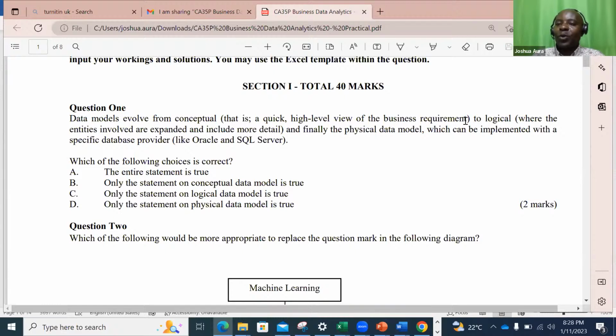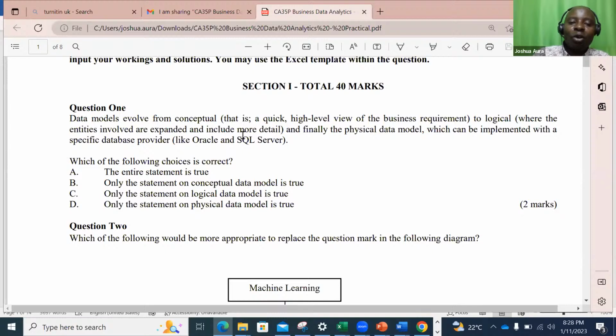Like what relationships do we have between, for example, female and so on, to logical, where the entities involved are expanded and include more detail because you have expanded this model. And finally, the physical data model, which can be implemented with a specific database provider like Oracle and MySQL Server. Which of the following choices is correct?